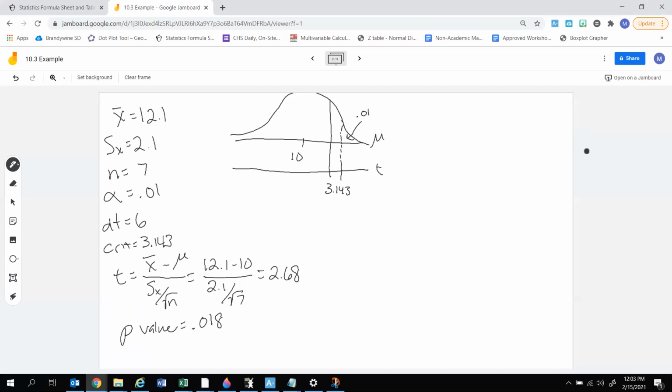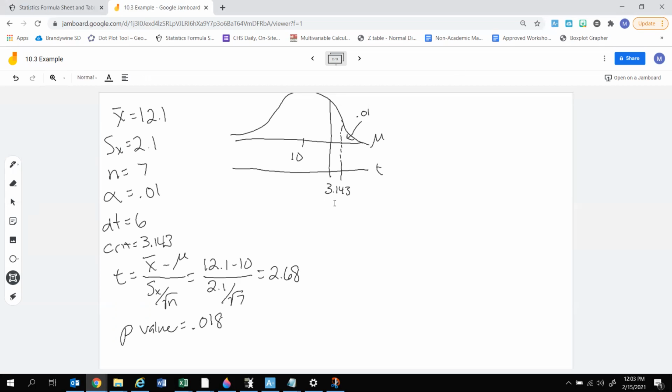Because our p-value is greater than our alpha, that's a second sign that we're going to fail to reject. Either way, we have our p-value and our test statistic, and we know that we are going to fail to reject. Lastly, all we have to do is come up with our conclusion.